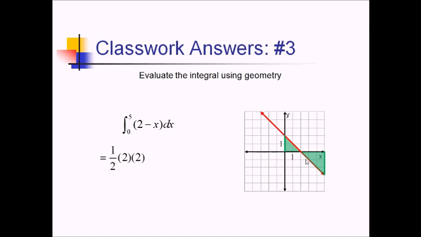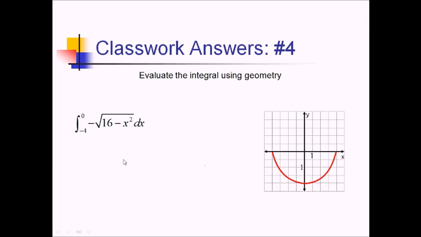For the other triangle, that's going to be negative area because we're below the x-axis. So that's going to be minus 1/2 times a base of 3 times a height of 3. So we end up with 2 minus, well, let's see here. This is going to be half of 9, so 2 minus 4.5, which I'm just going to use a decimal. That's going to come out to -2.5.